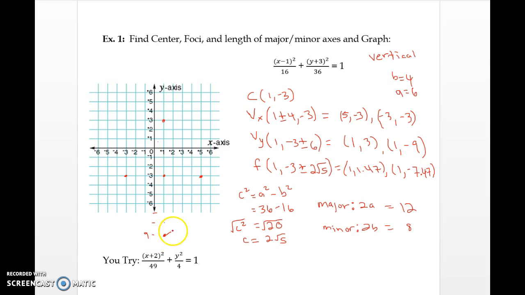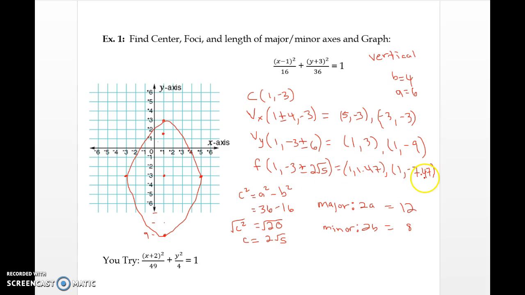I'm going to connect my 4 vertices now. And I'm going to try to do a good job on the computer. It's kind of hard, and I'm not great at graphing. It's much easier to do on pencil. And last up, I'm going to add in the foci, 1, 1.47. So that's about 1.5.